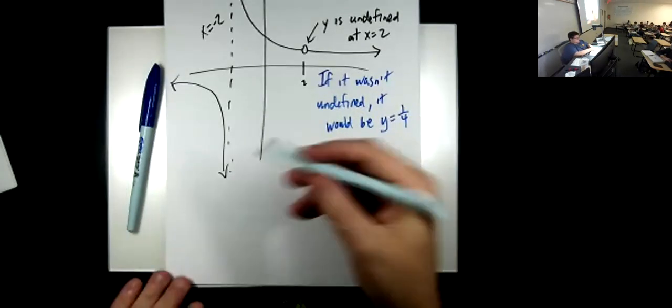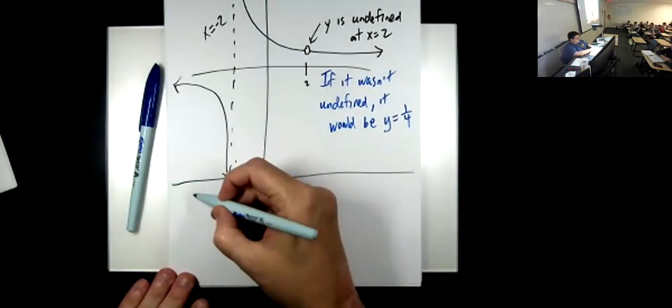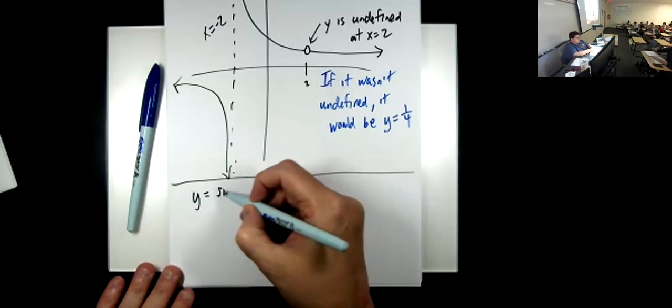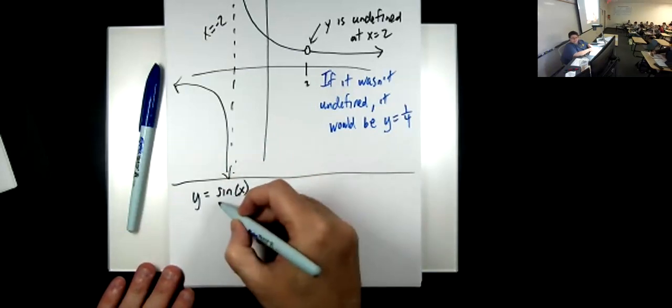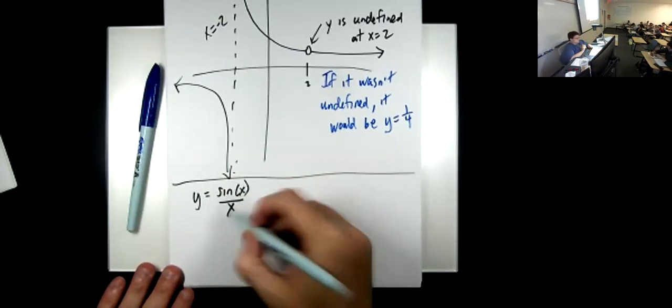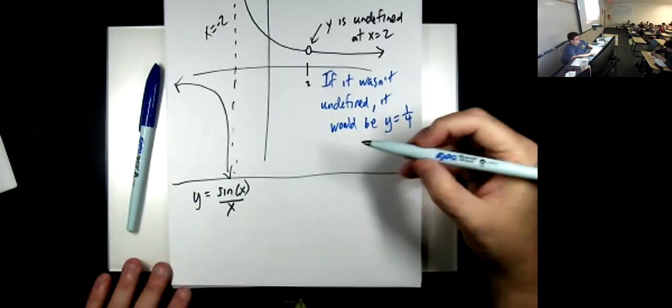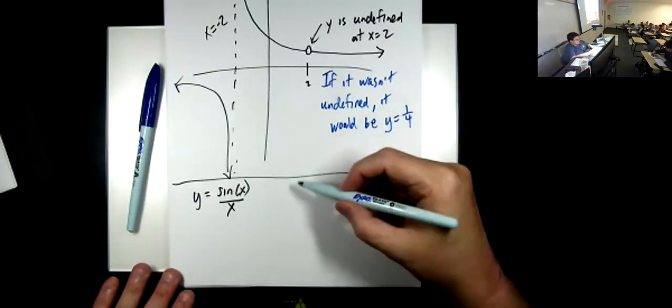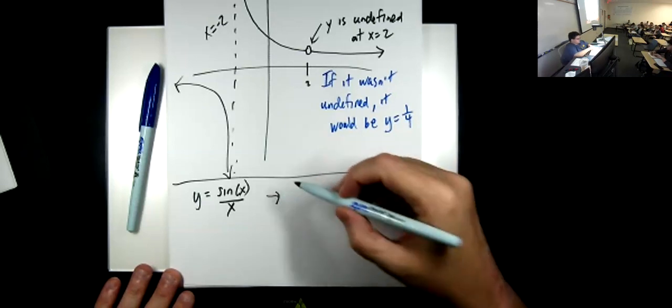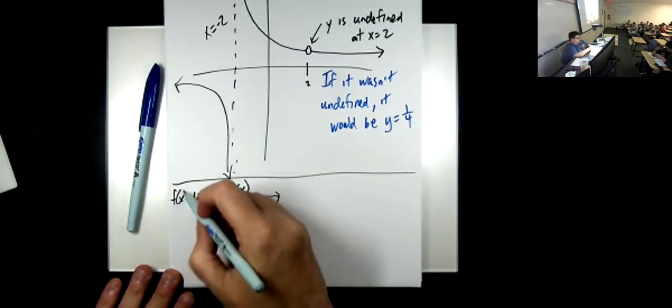The next one we're going to look at, we're going to do on Desmos because doing the calculator thing is really slow. We're going to have y equals sine x over x. And so that's really my f of x.